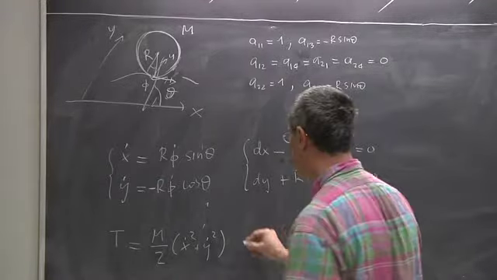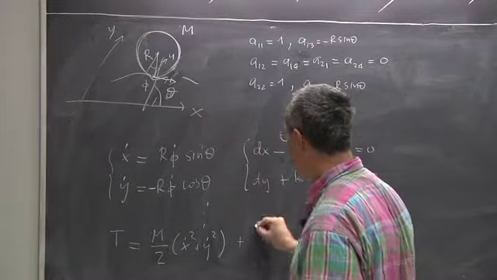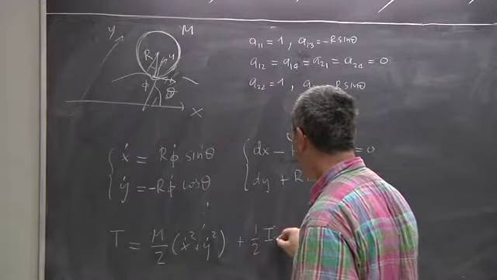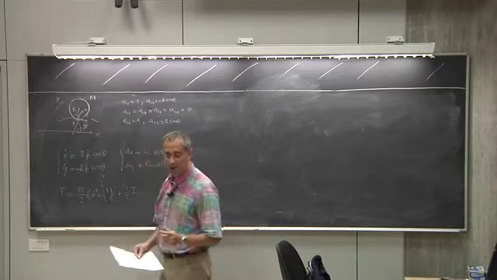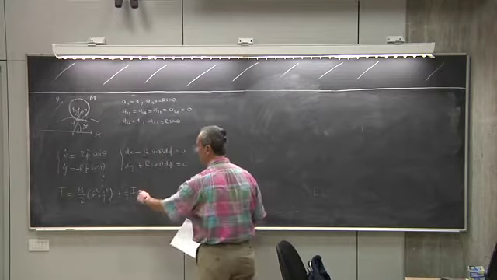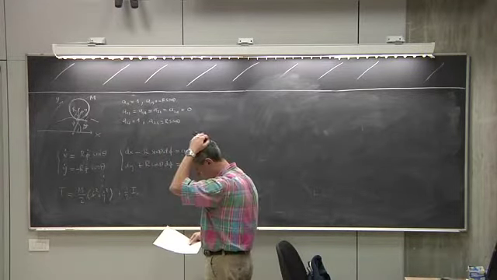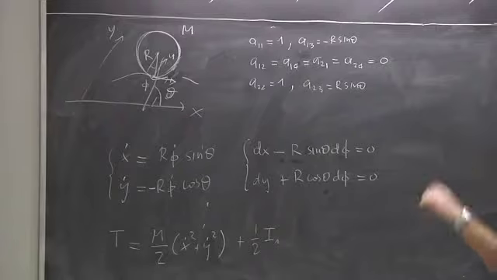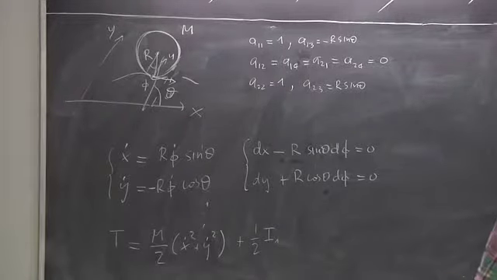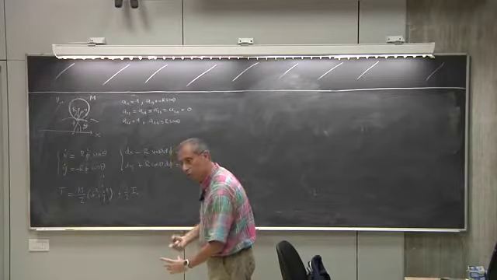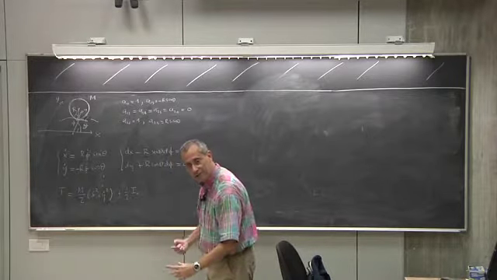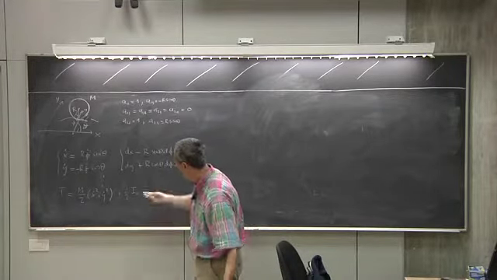So let's call I1 the moment of inertia about the phi, the one in this direction. So this is the moment of inertia about an axis going through the center of the disk.